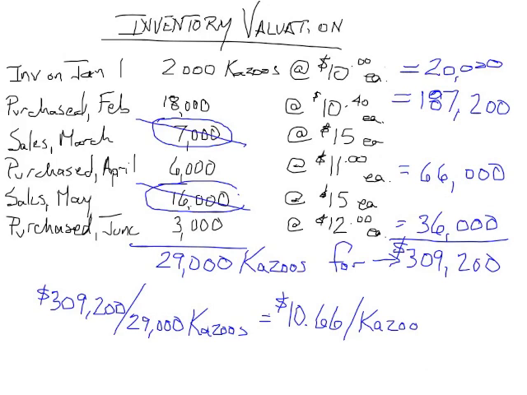Well, now we have our average cost, which is how this method got its name. But we're still trying to find our cost of goods sold, aren't we? Average cost by itself doesn't do us any good.